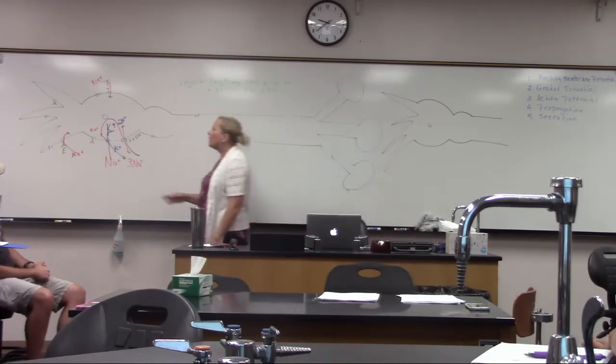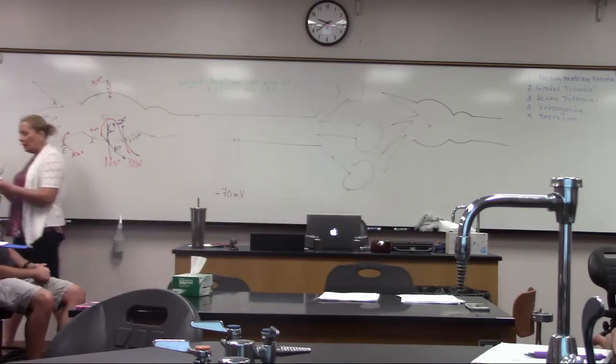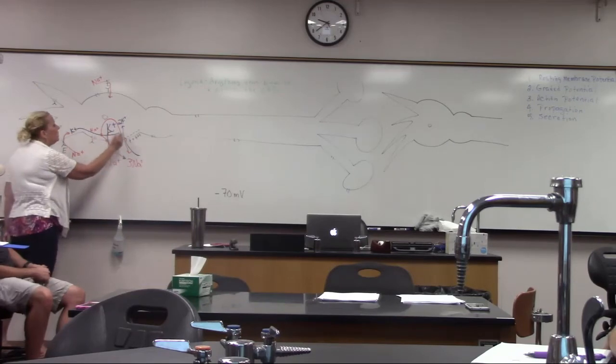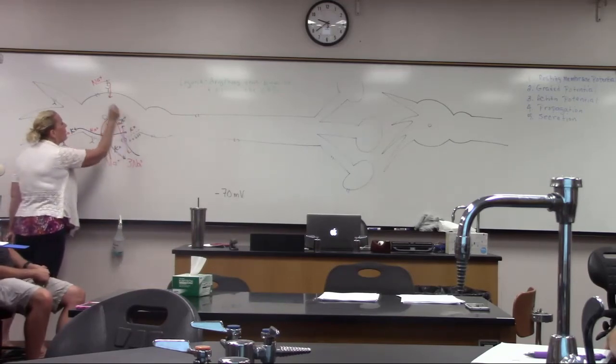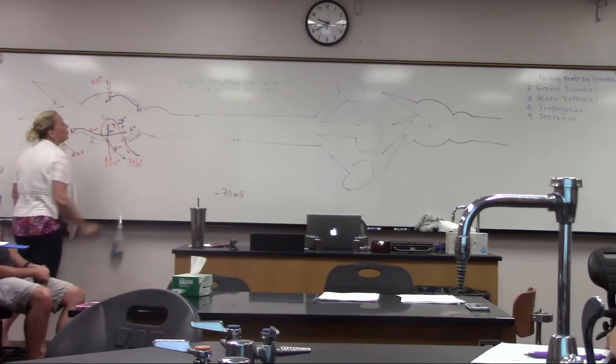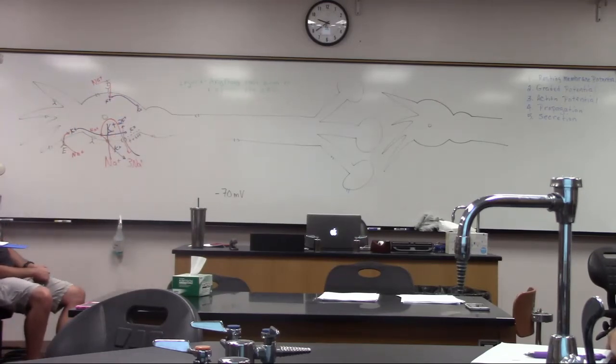Now, once this sodium begins to diffuse in, because there's already a high concentration of potassium inside the cell, the sodium and potassium being positively charged are going to repel each other, and we're going to see potassium beginning to move down the membrane, and our potassium will start to build up somewhere right around the axon hillock.